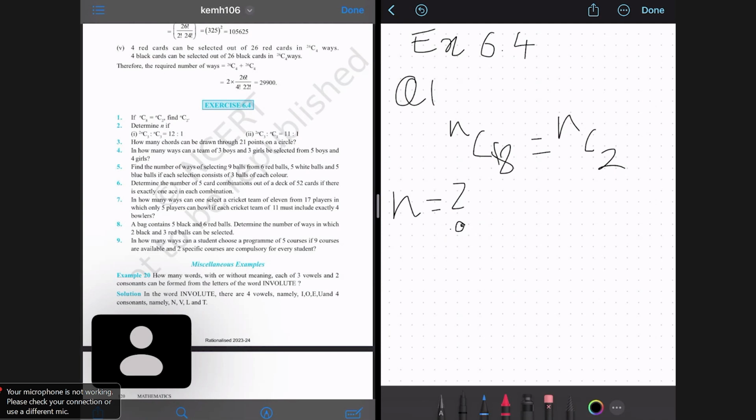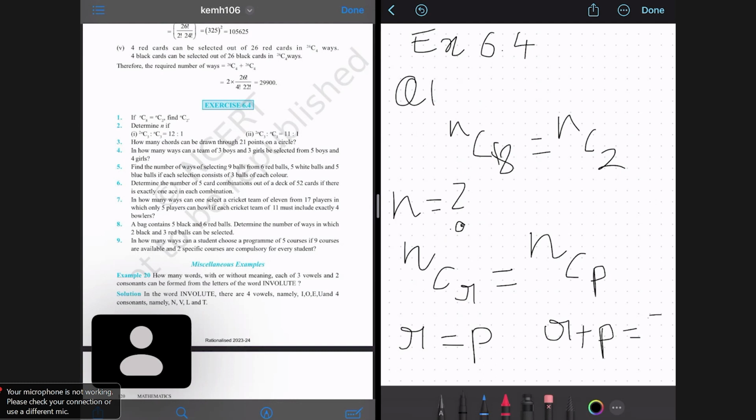For example, if nCr equal to nCp, then this can only be the case under two conditions: either when r is equal to p or when r plus p is equal to n.